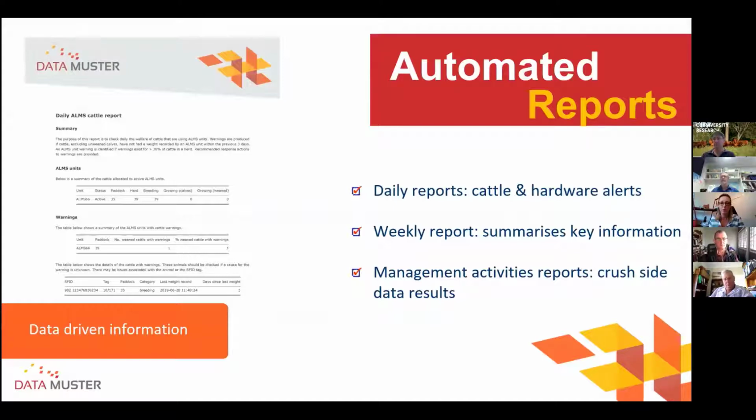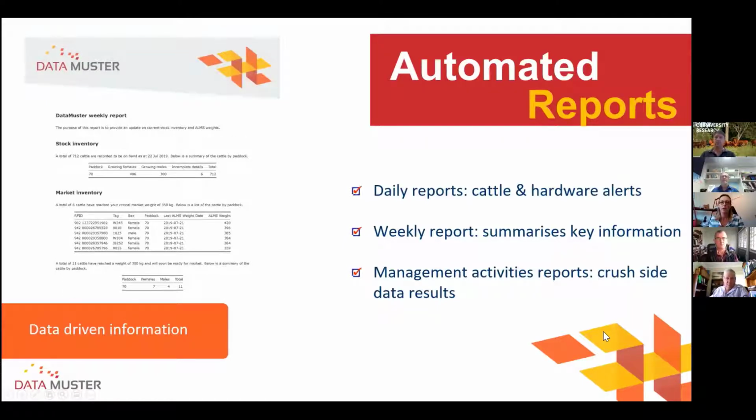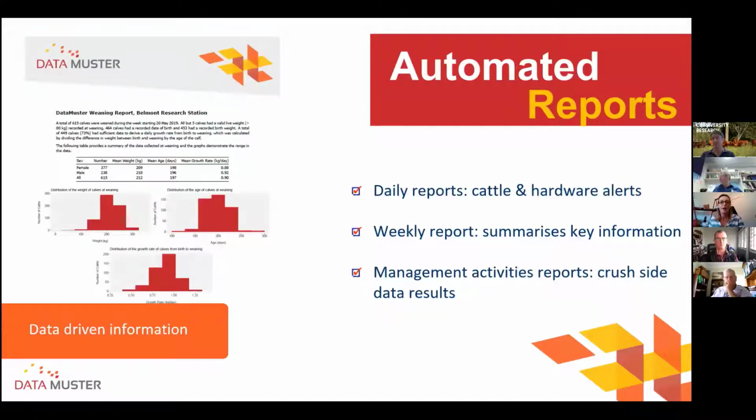Some examples of reports include, but are certainly not limited to, daily reports that alert users to suspected issues with cattle or hardware, weekly reports that deliver key information, including current stock and market inventory using walkover weighing data, current weight change and any weight change concerns, and management activity reports that summarise the results of crush side data collection such as weaning, preg testing, 200 and 400 day weights, etc.